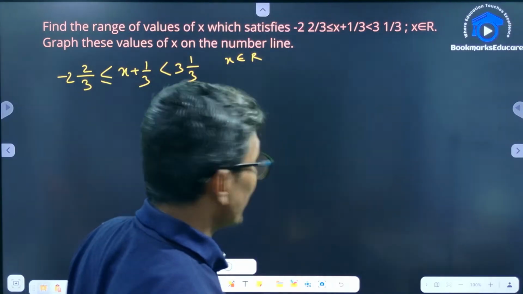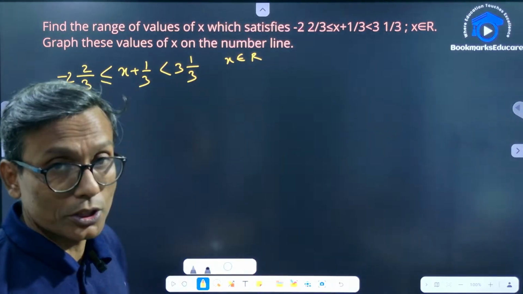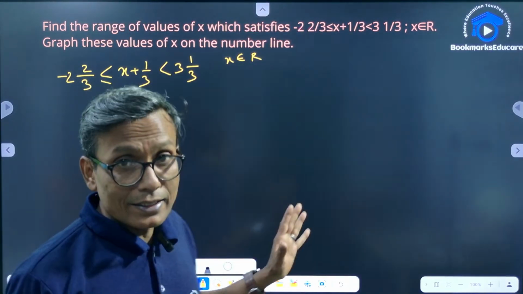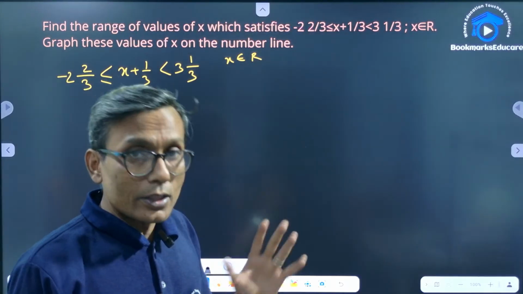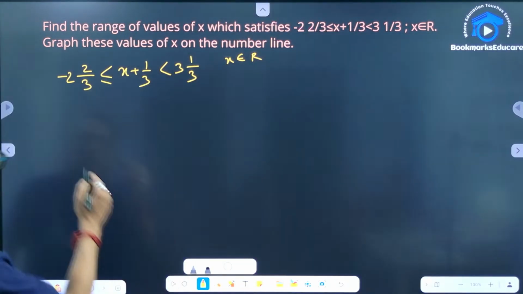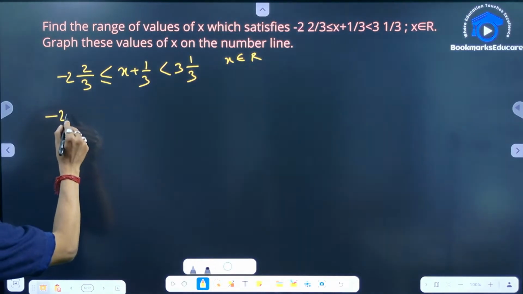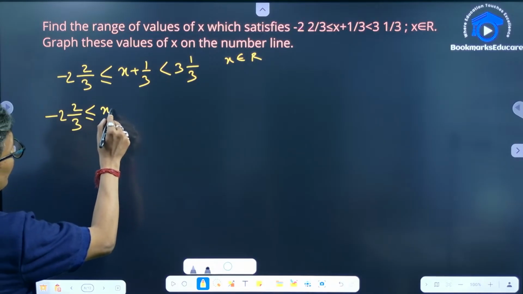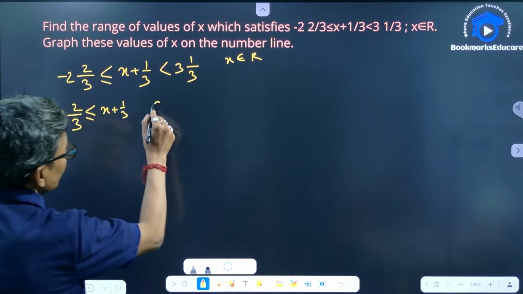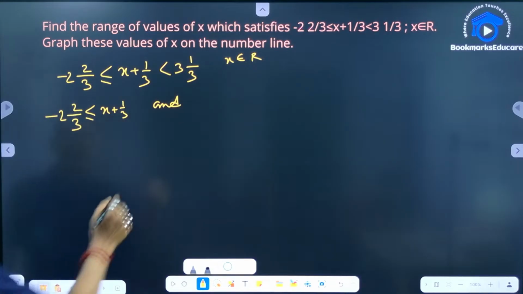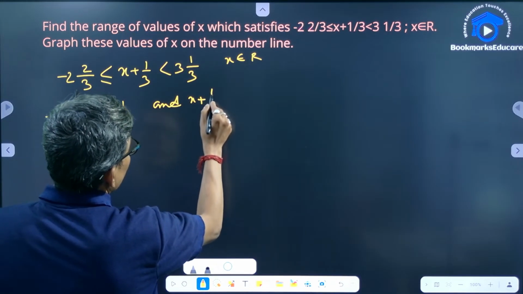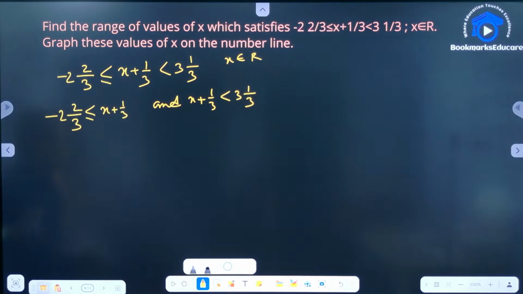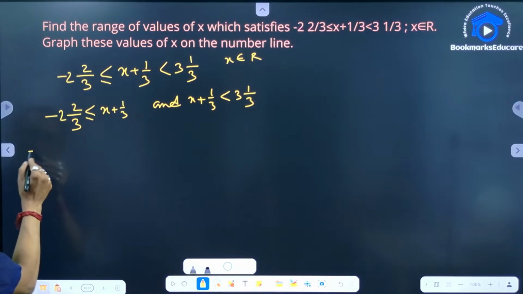Whenever we are going to solve this type of inequation, first of all we have to split or divide it into two parts like this: minus 2 whole 2/3 less than equal x plus 1/3, and x plus 1/3 less than 3 whole 1/3. Okay, so now solve it.